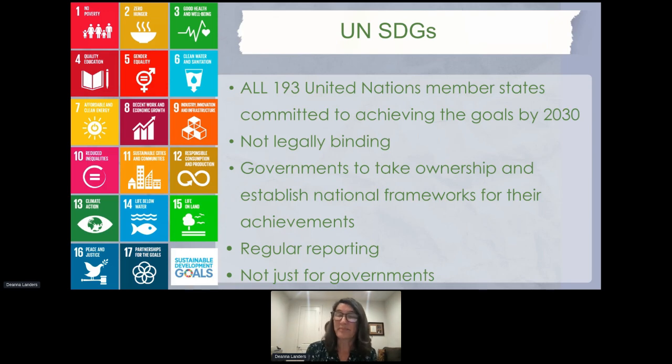They're not legally binding, but what we do have is governments have committed to taking ownership and really identifying that they will be establishing their national frameworks for these achievements. The way that they're held accountable for this is through regular reporting. So they have reporting to the United Nations.